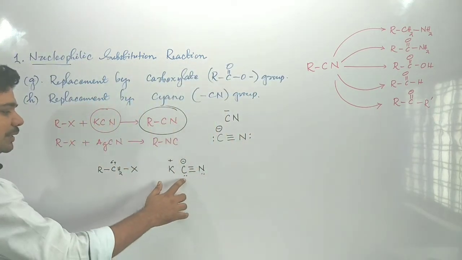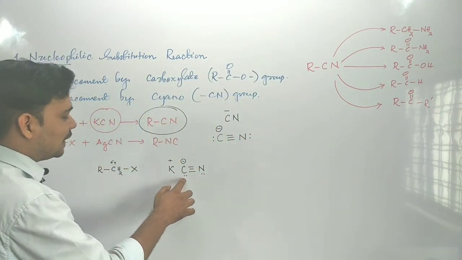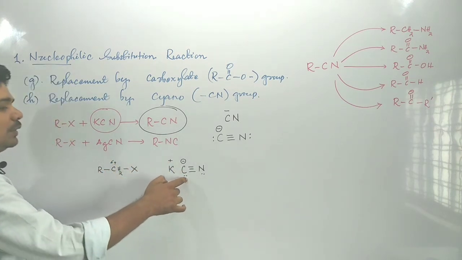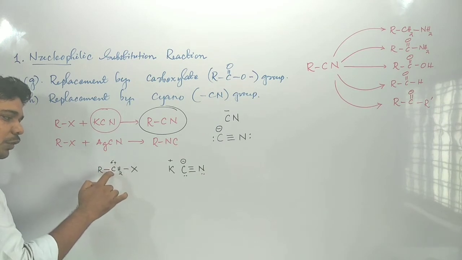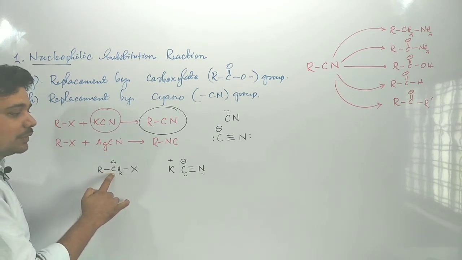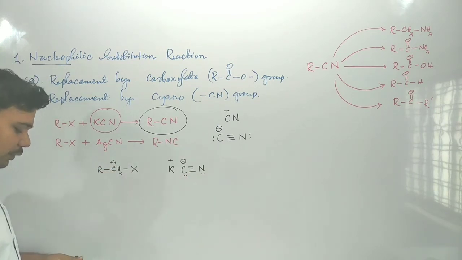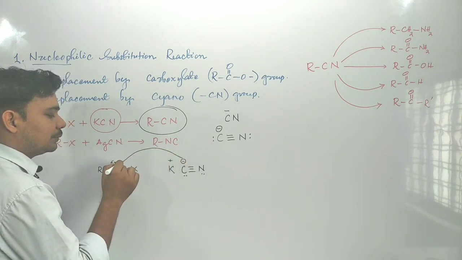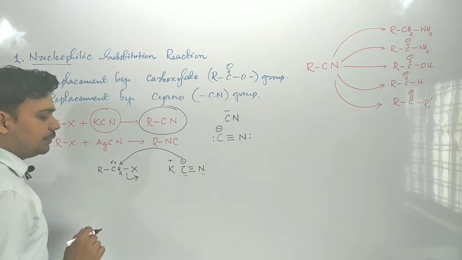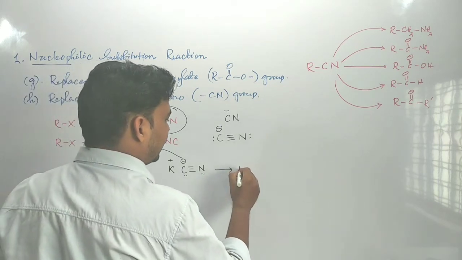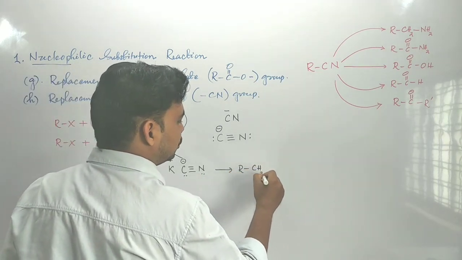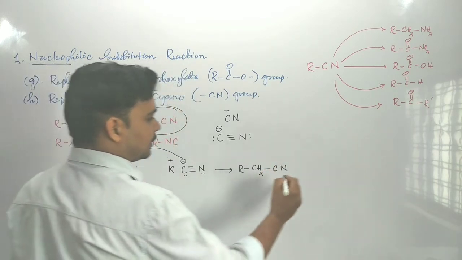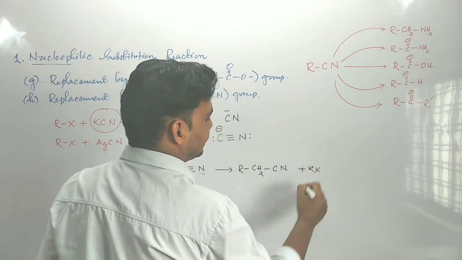This soft base will have the tendency to form bond with soft acid. Means this carbon will have more tendency to form bond with this carbon. We will get carbon bond. So the attack mainly occurs through carbon, such that this will be your leaving group, and we will get RCH2CN. This K plus and X minus will give rise to KX.